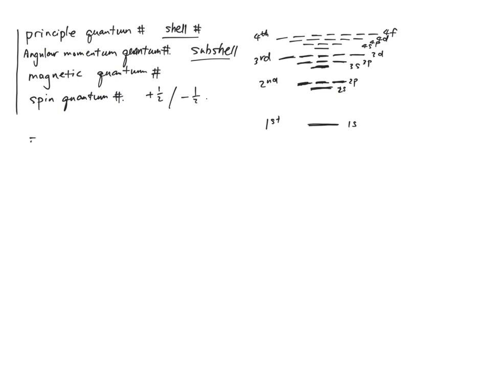Let me give you a couple of examples. What is the maximum number of electrons that can be placed in a 3d orbital?